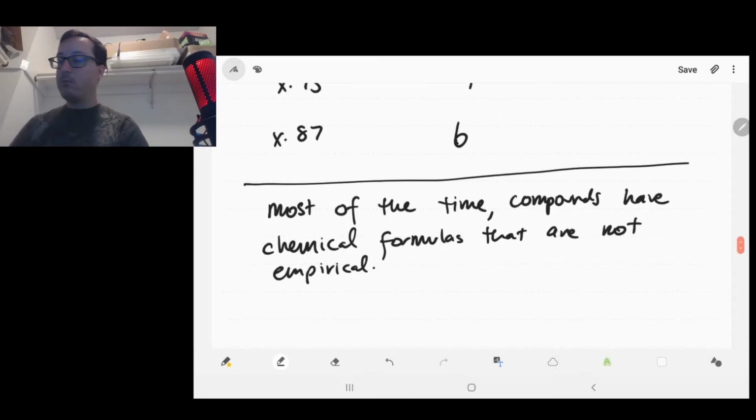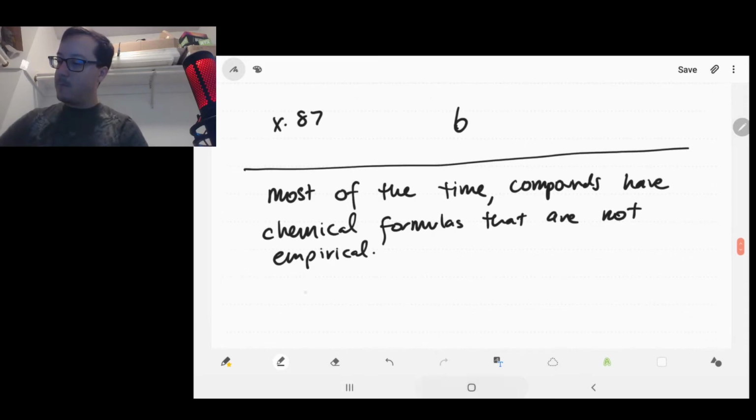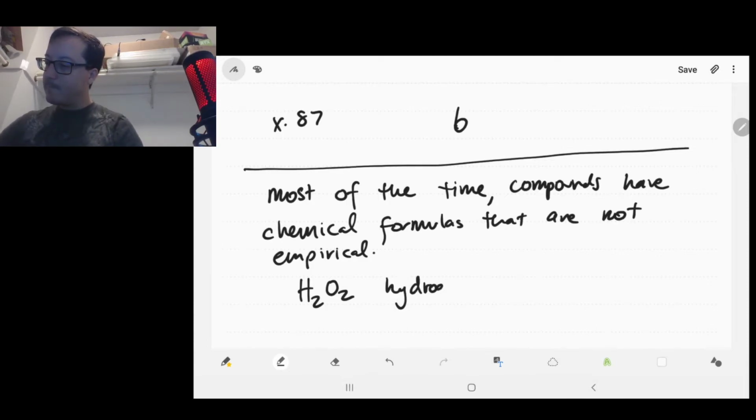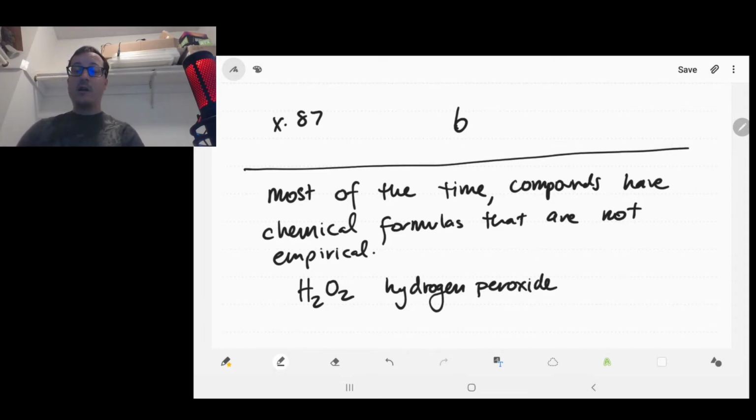For example, this guy, let me write that again a little bit more clearly. This is hydrogen peroxide. We've heard of this before. Hydrogen peroxide does not have an empirical formula, or it is not an empirical formula.